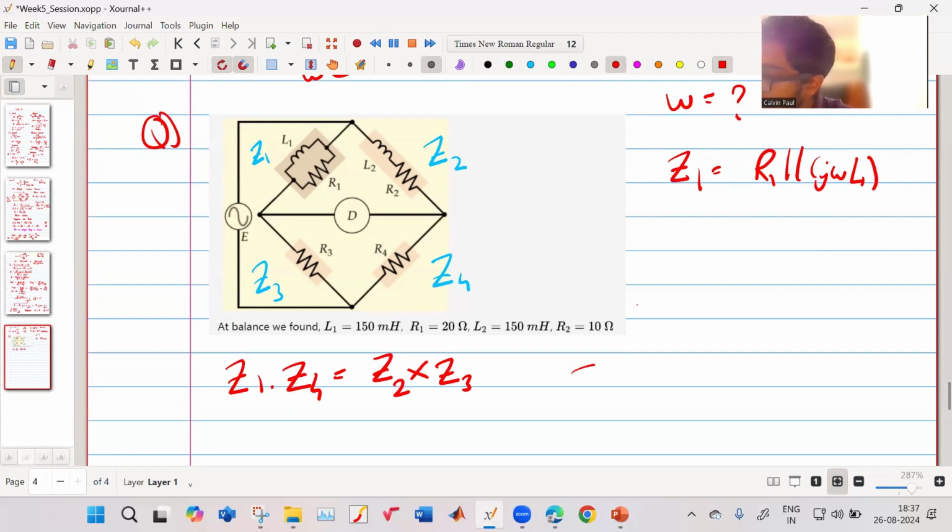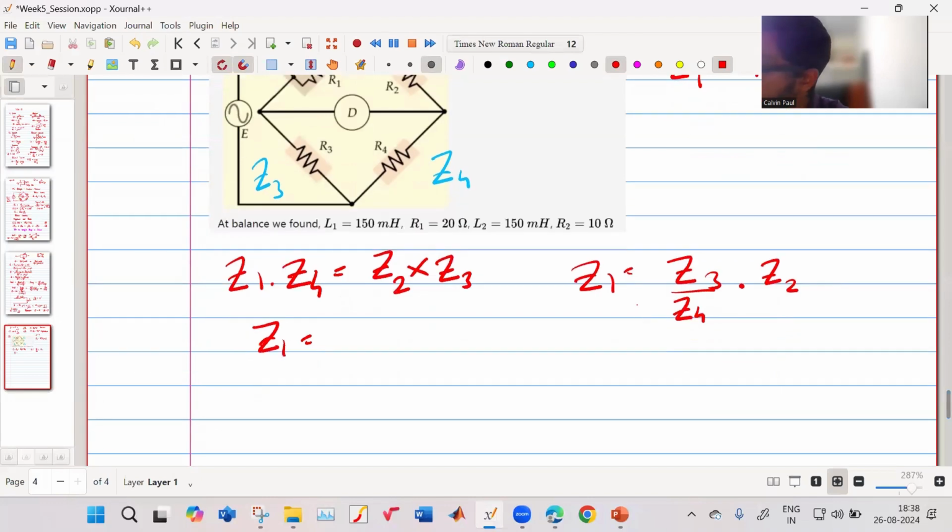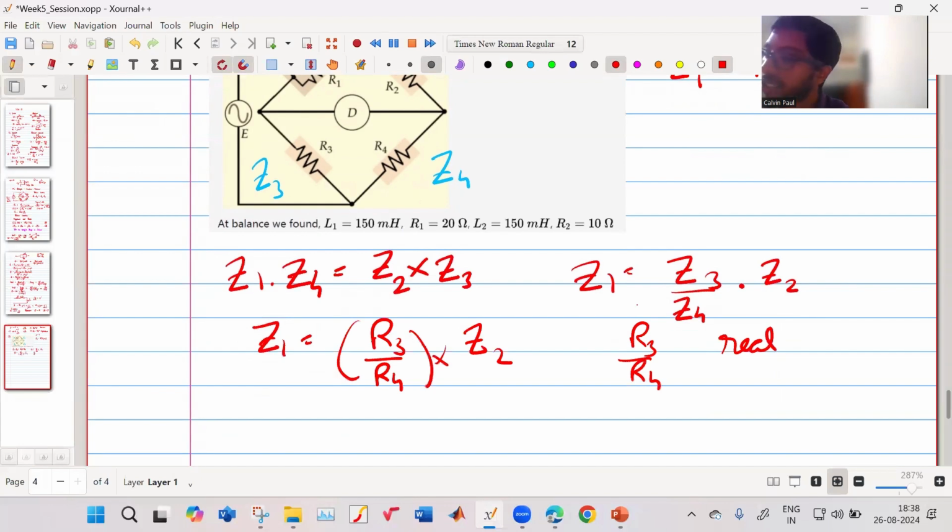So we can write Z1 is equal to Z3 upon Z4 into Z2, that is, Z1 is equal to R3 upon R4 into Z2. Now you see R3 upon R4 is purely real, and this is known as a ratio bridge.